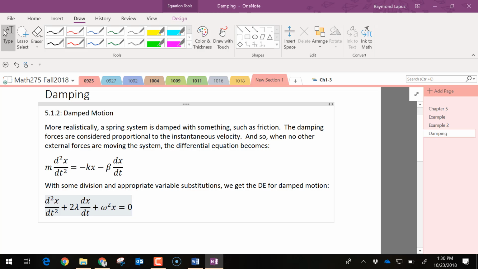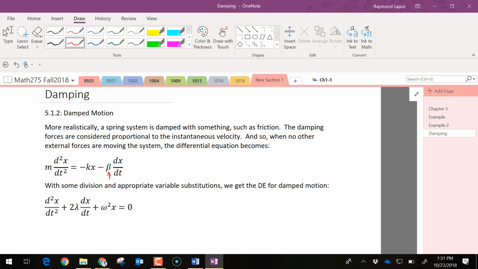All right. So the damping force usually is described as something being proportional to the velocity, some constant times the velocity, dx dt. And so that doesn't touch anything with the acceleration term or the position term.